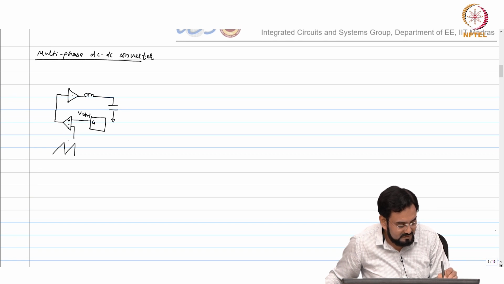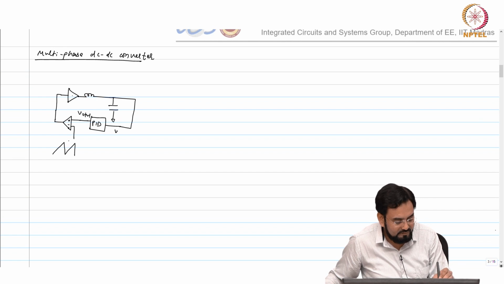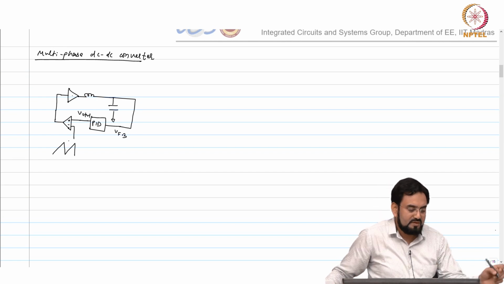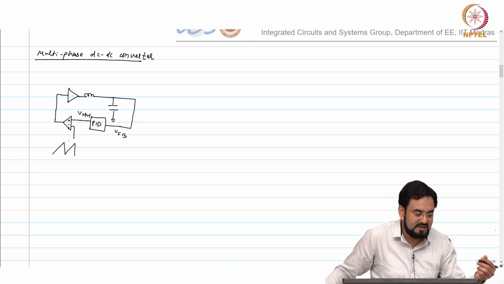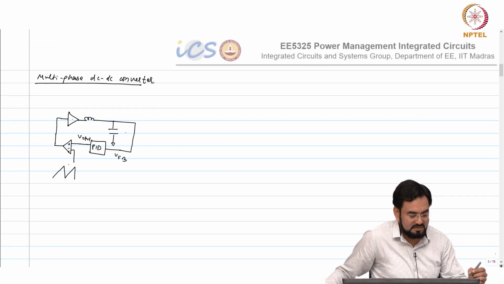This is your, let us say, PID. Okay. So, this is your single phase buck.